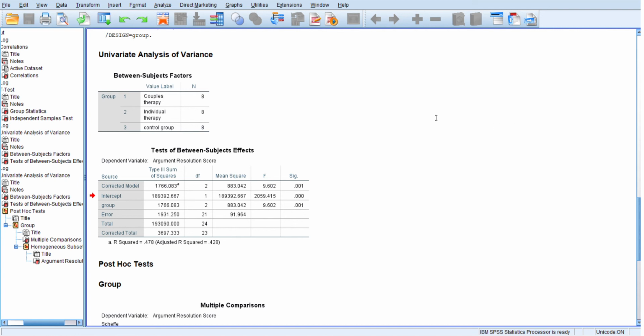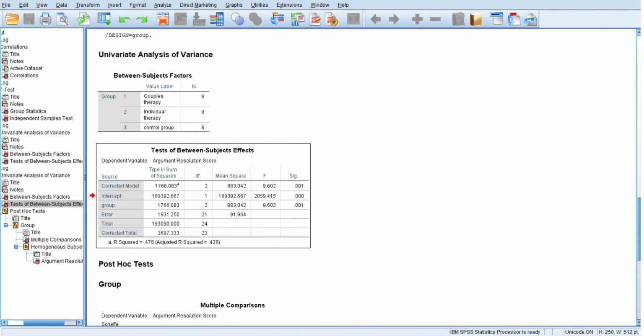Now we need to write what our F value actually is. Other than using the error row to find your degrees of freedom, you'll always come back to your variable row. So here we've got group. We go all the way over and look at our F value. You see where it says F? We come down where it matches up with our group row, and we've got 9.602.